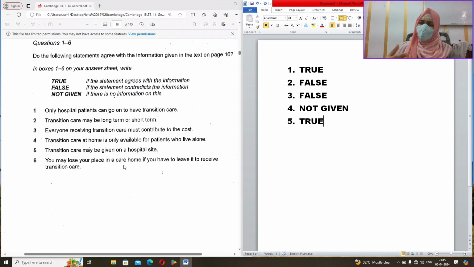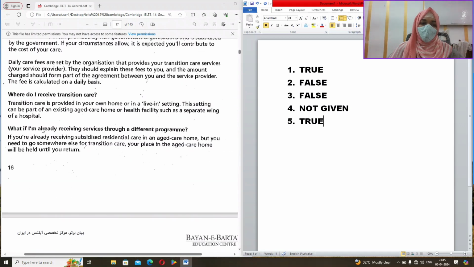If you have any work, something, whatever, if you leave that, will you lose your place or not? So have a glance at this paragraph. If you are already receiving subsidized residential care in an aged care home, but you need to go somewhere else for transition care, your place in the aged care home will be held until you return.